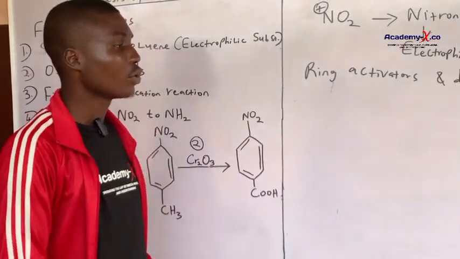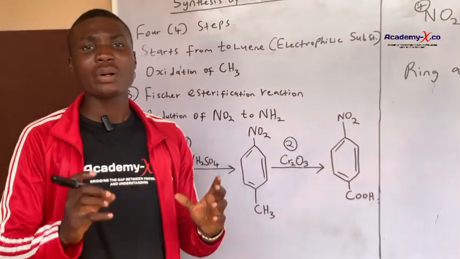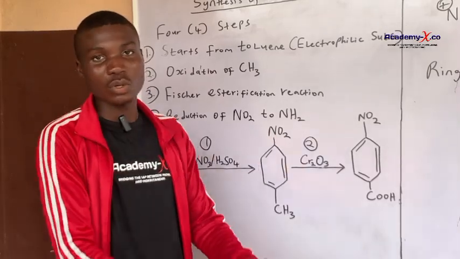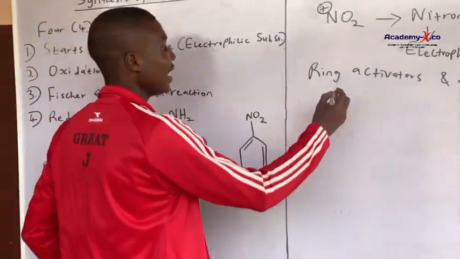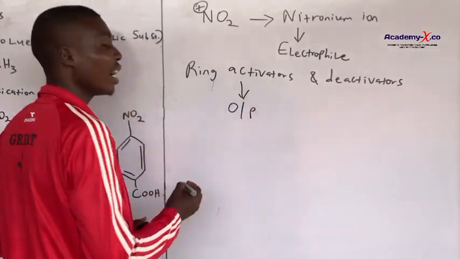So ring activators in the benzene ring refers to compounds on the benzene ring that direct substituents either to the ortho position or the para position.